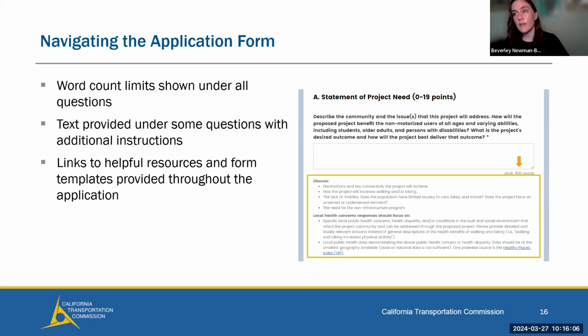One example I can think of where it's linked from different parts of the application is if you have a Safe Routes to School project. If you select in the project type that it's a Safe Routes to School project, one additional thing will pop up later in the narrative portion, asking you to fill in a table showing the number of schools.